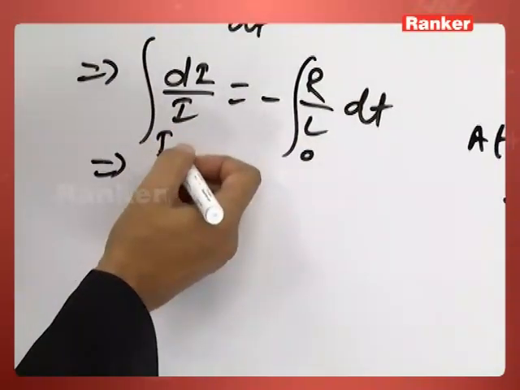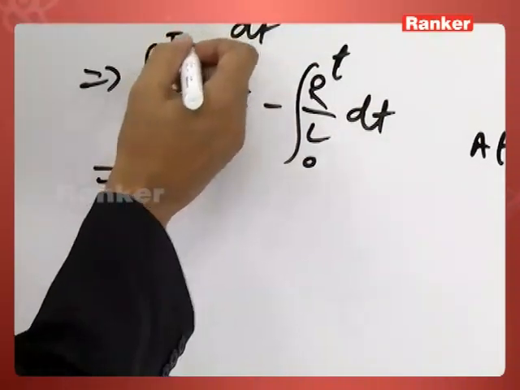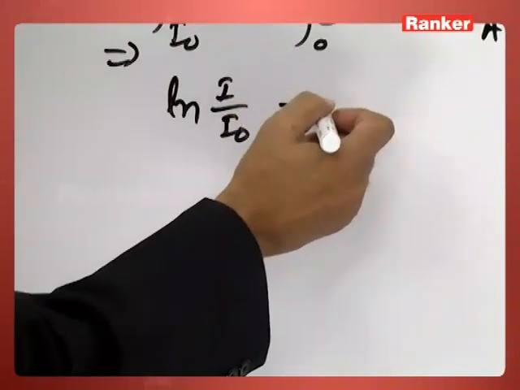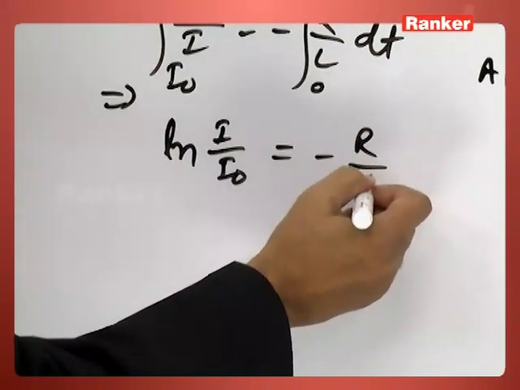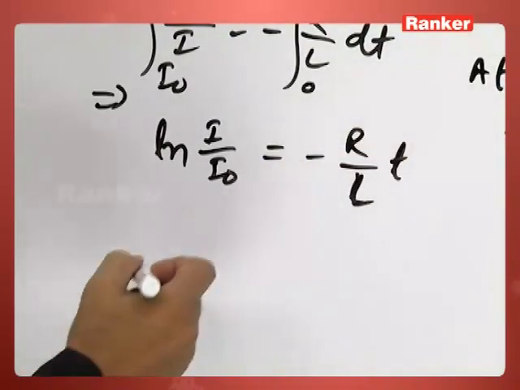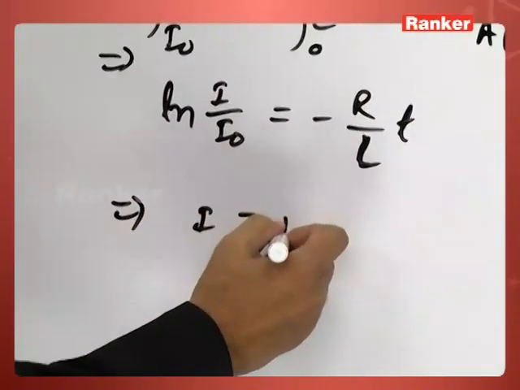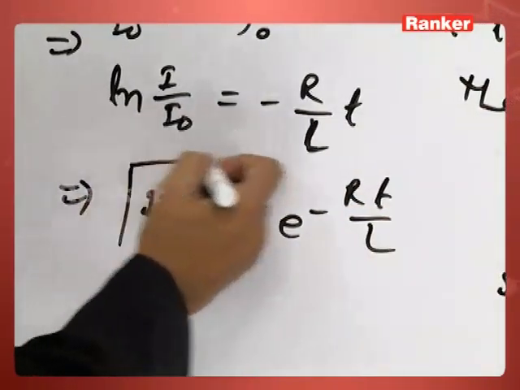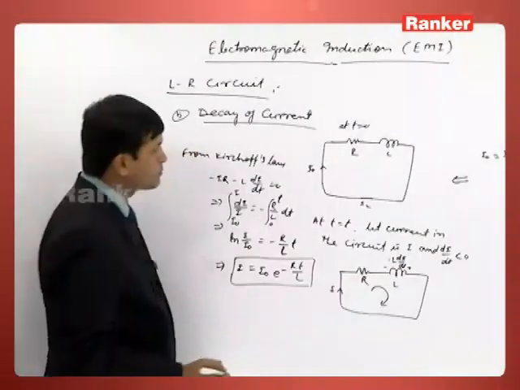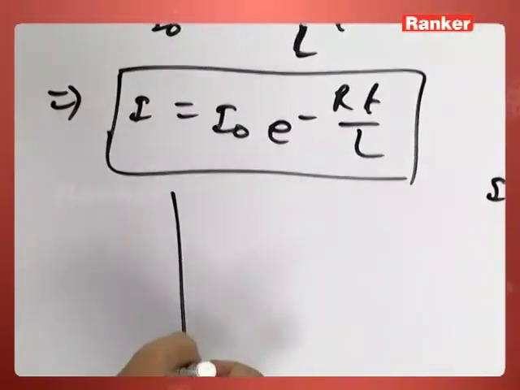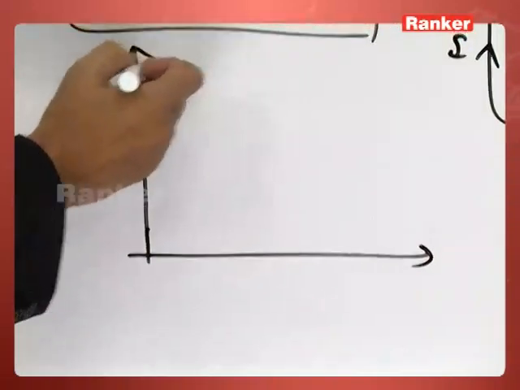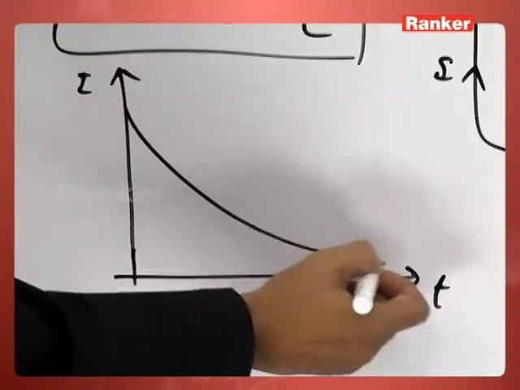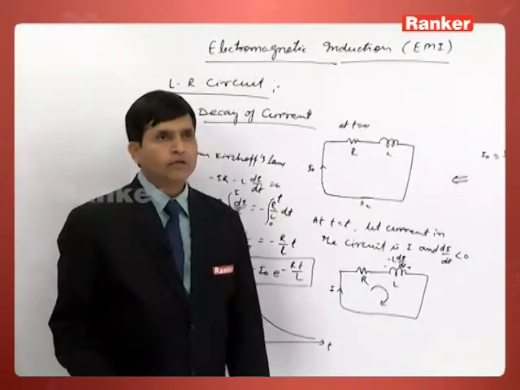At t equal to 0 the current is I0, and at t the current is I. So this can be written as ln I by I0 equals minus RT by L. So the current in the circuit is written as I0 e power minus RT by L. The current is exponentially decreasing. If we make a graph, we have the current graph in this manner. This is called the decay of current.